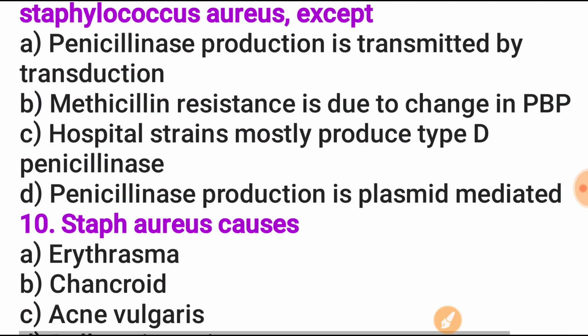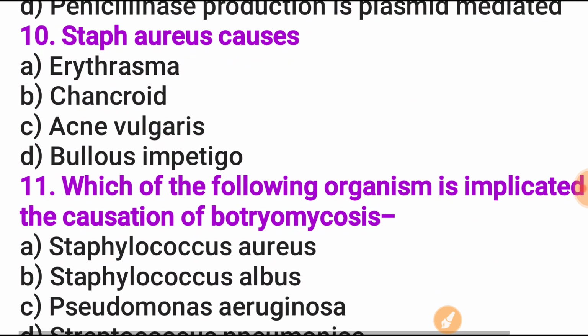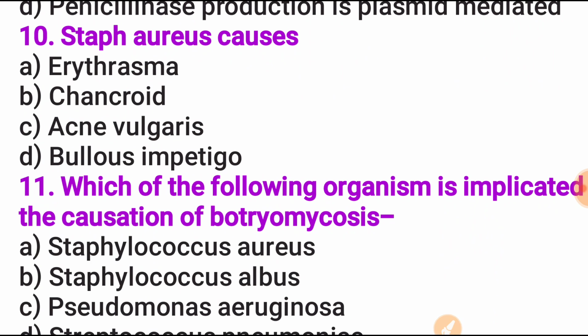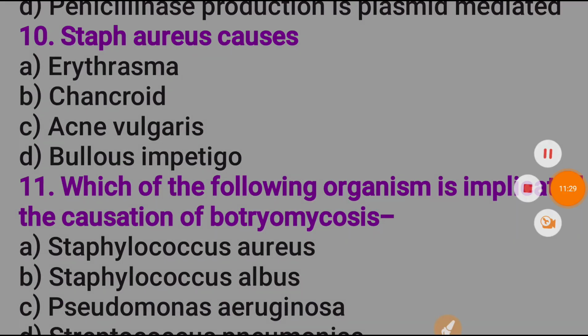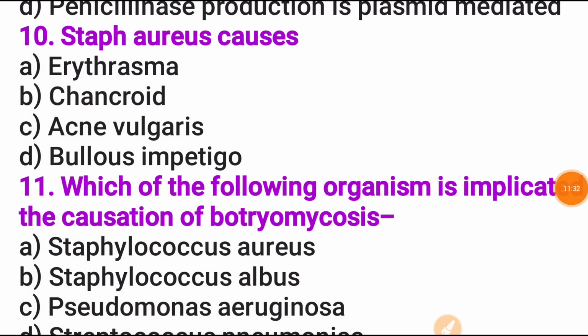Next question: Staph aureus causes erythrasma, chancroid, acne vulgaris, or bullous impetigo. The correct answer is bullous impetigo.